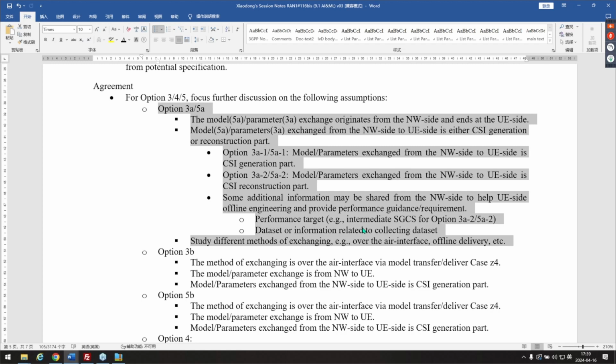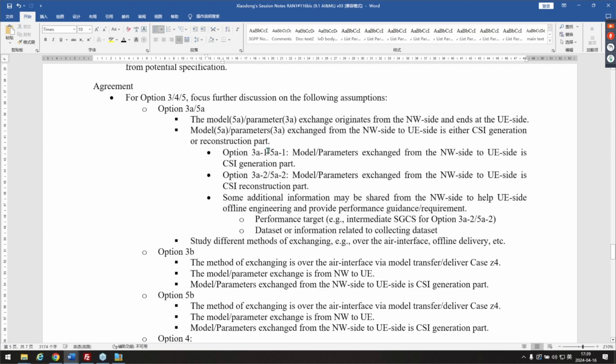How to combine them could be a separate discussion. Okay. I think it's very important for us to notice that for this option 3 and 5A, to make sure this interoperability check is supported, we will need somehow to send this decoder to the UE side.